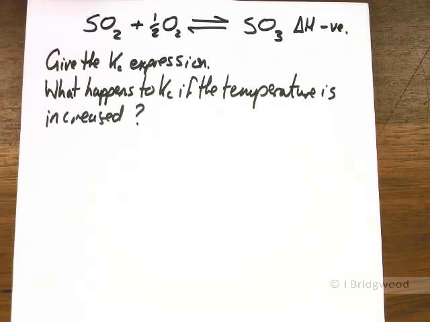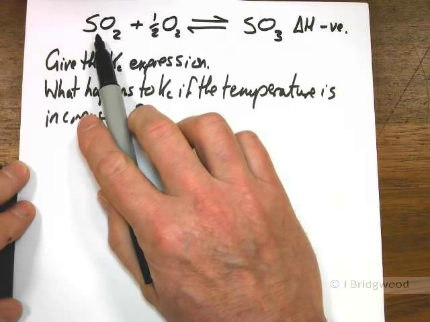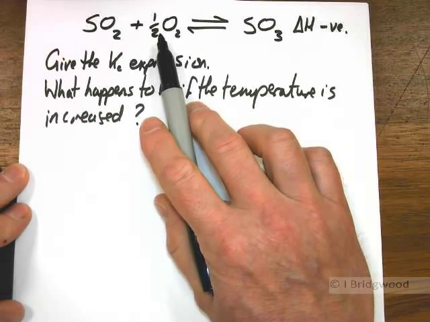Have this problem where we're looking at the contact process, the production of sulfuric acid. This is one of the processes involved in that. So we've got sulfur dioxide reacting with oxygen to give sulfur trioxide. Now note the stoichiometry of this equation. We've got 1 mole of SO2 reacting with half a mole of O2 to give 1 mole of SO3.